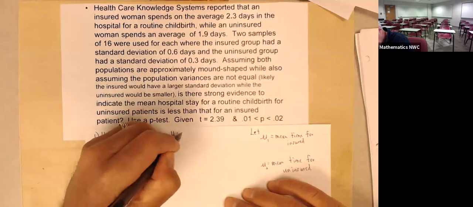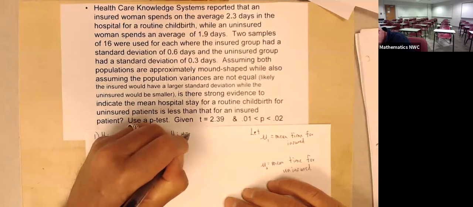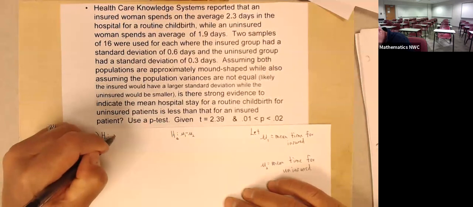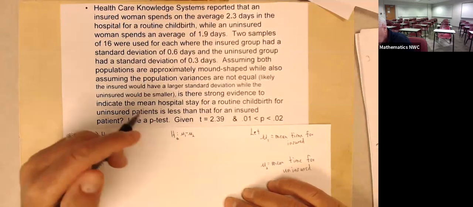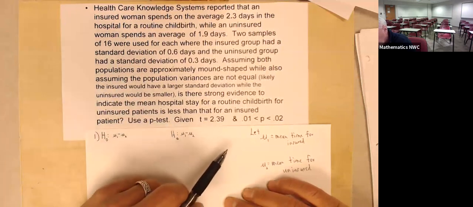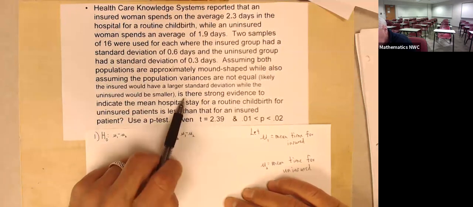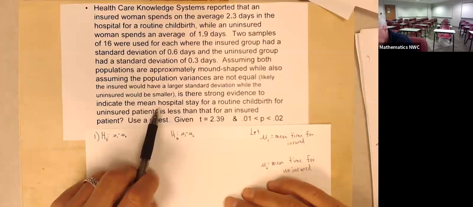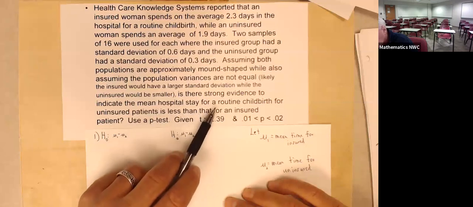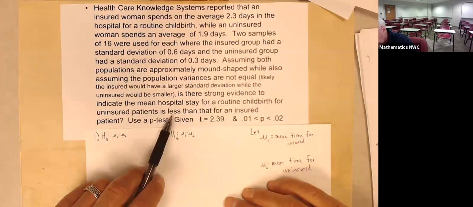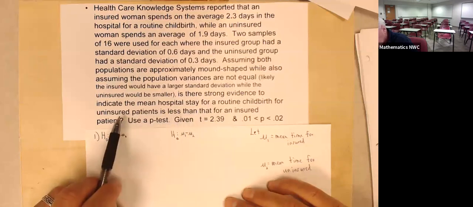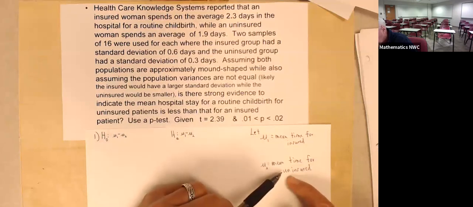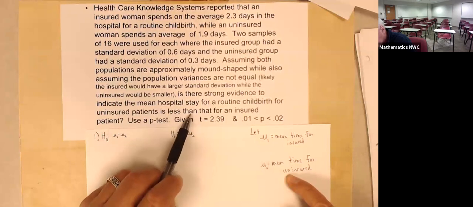Again, because I have two populations, both of them are describing a difference. Let's see if it's two-tailed or single-tailed. Is there strong evidence to indicate the mean hospital stay for routine childbirth for uninsured patients is less than? Okay, this would be the uninsured. That's the second one. We're testing if that one is less than.